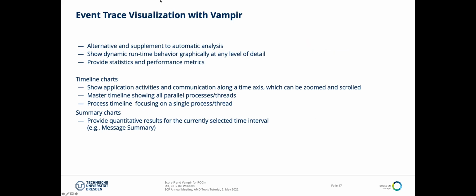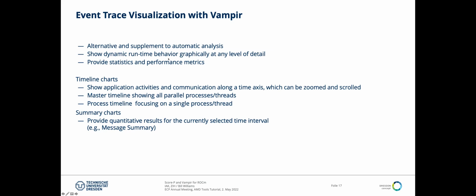So when we're talking about trace visualization, it's important to understand what it is and what it isn't. This is an alternative and a supplement to automatic analysis tools like MAP, like Scalasca, that will try to give you an automatic diagnosis of your problem.